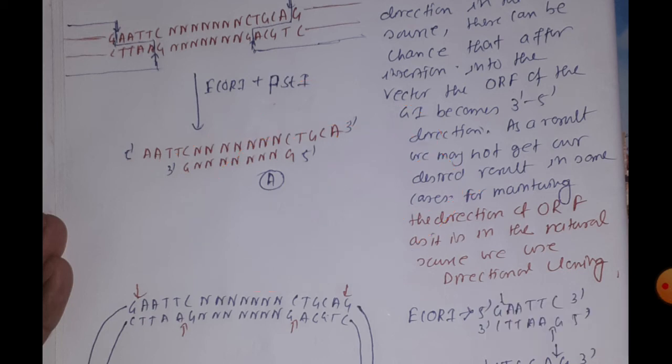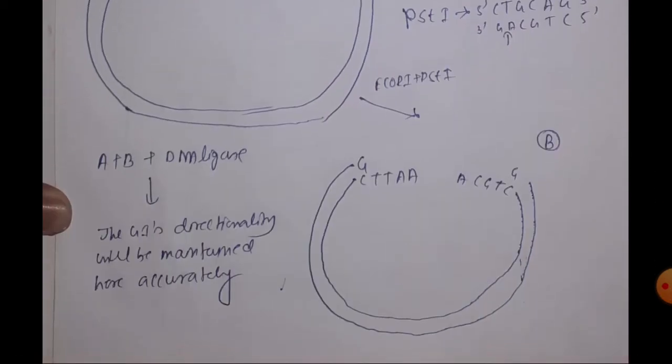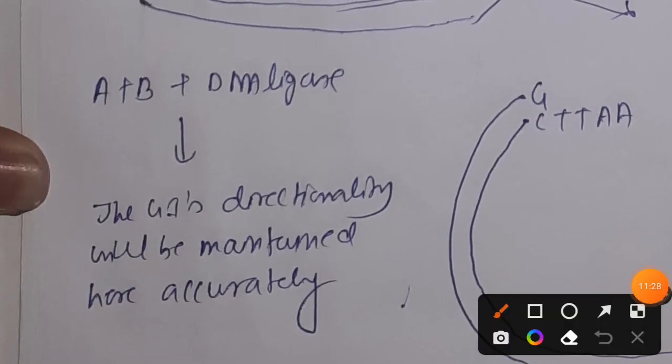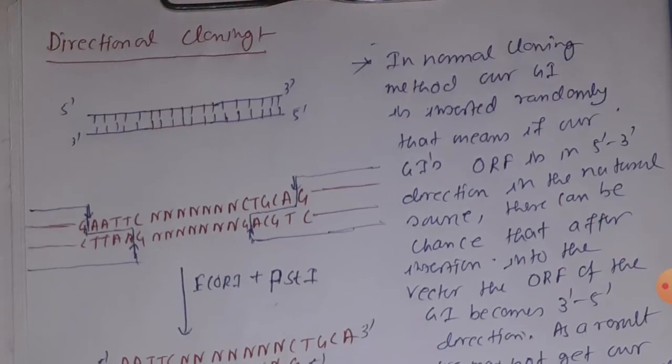So that is the basic concept of directional cloning. By using this kind of cloning, the directionality of the gene of interest will be maintained accurately. The idea is exactly the same, but here instead of using one enzyme, we are using two enzymes. One is a 5' staggered cut, another one is a 3' staggered cut.